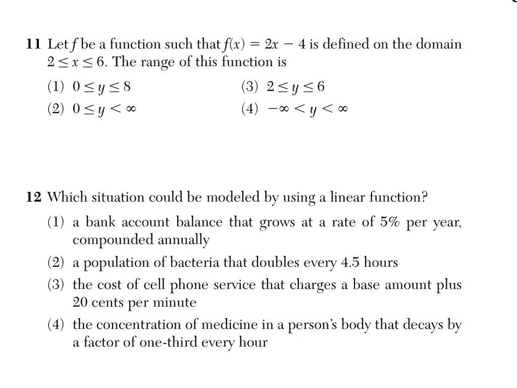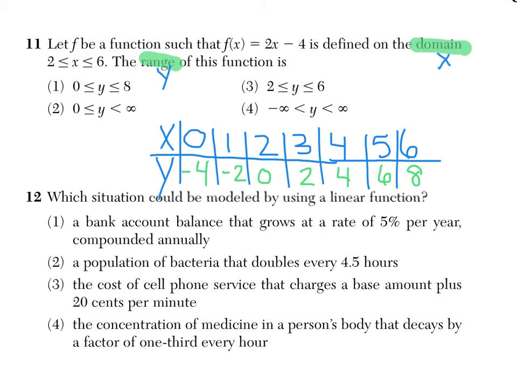For question 11, the lingo is very important. So we should know that domain and range each mean the x and the y values. So immediately I see a function, I'm going to graph it and make a table. So here is my table of values, and it's telling us to look at our function over the domain from 2 to 6.